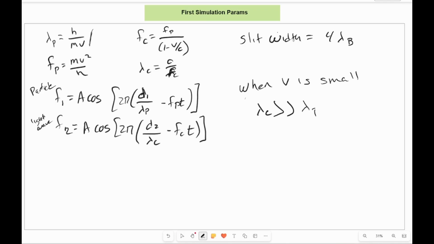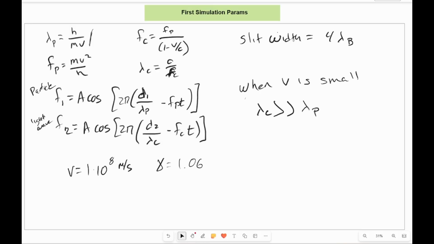Much, much bigger than the wavelength of the particle. And so in order to just see this on the same scale, we're going to do a good fraction of the speed of light for the velocity, which gives us a gamma of 1.06.